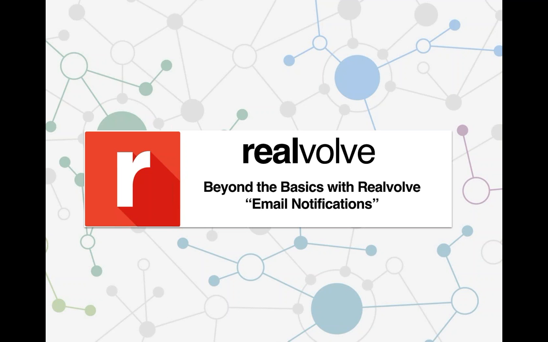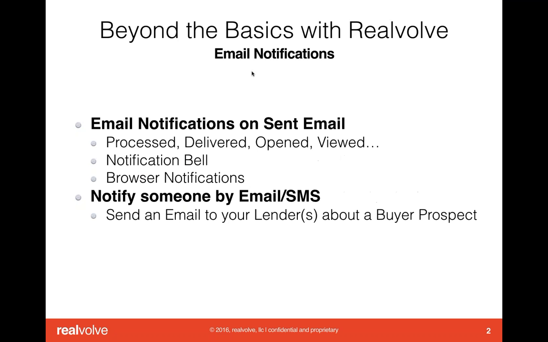We're going to be going over email notifications. And whenever I announced this particular topic, I had several people come in and say, I want to know how to email my lender whenever a buyer prospect comes. And whenever I sent out the topic, it was like, okay, yeah, we can do that.